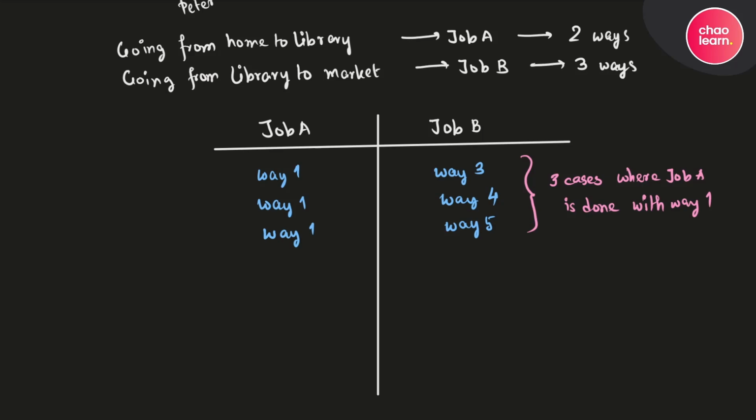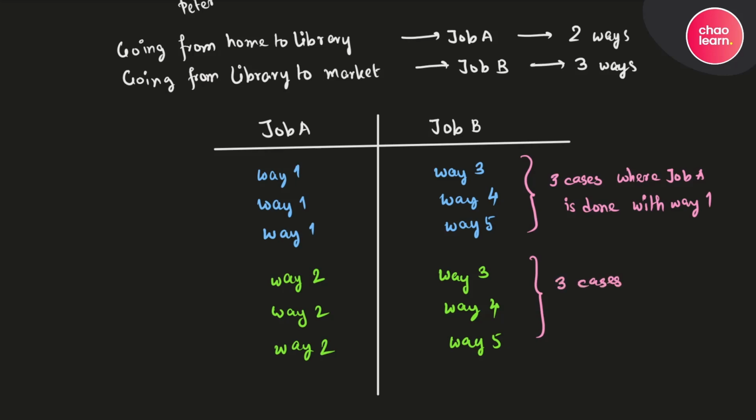Now let us write down all the cases in which job A is done using way 2. So job A is done using way 2, job B is done using way 3, way 2 is chosen for job A, way 4 is chosen for job B, way 2 is chosen for job A, way 5 is chosen for job B, right? So here as well, these are all the possible three cases where job A is done with way 2.